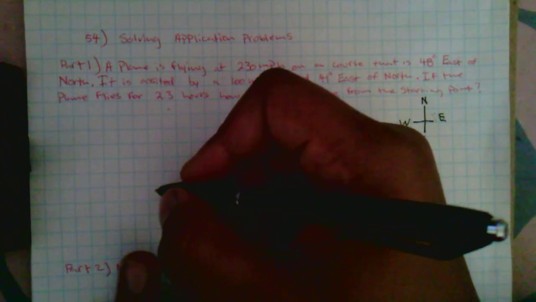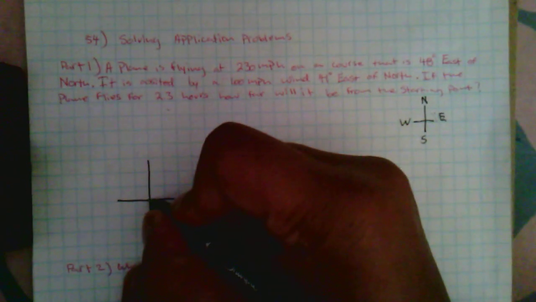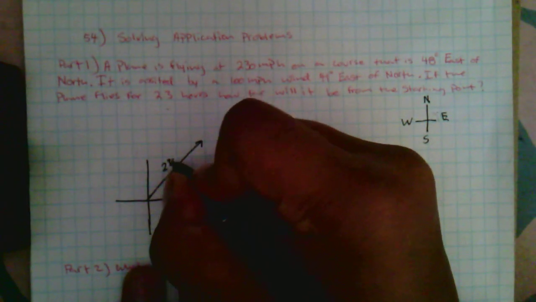So what we're going to do is we're going to start us off. We're gonna give ourselves a little grid. And we are going 48 degrees, so that's roughly 45. And we are going 230 miles per hour. Right?